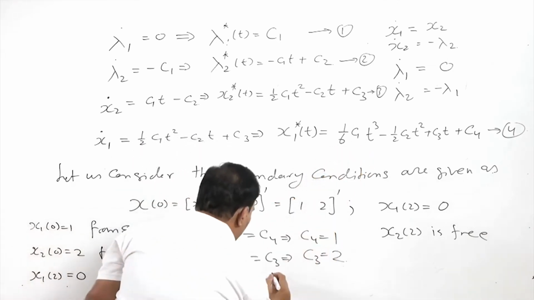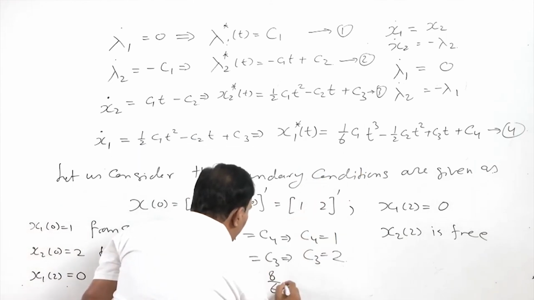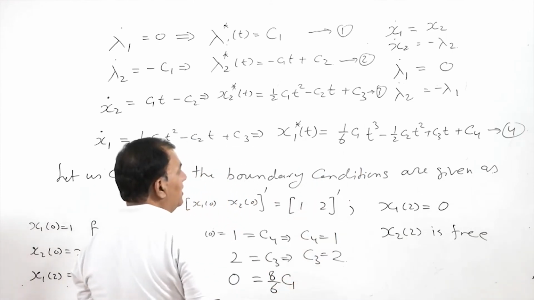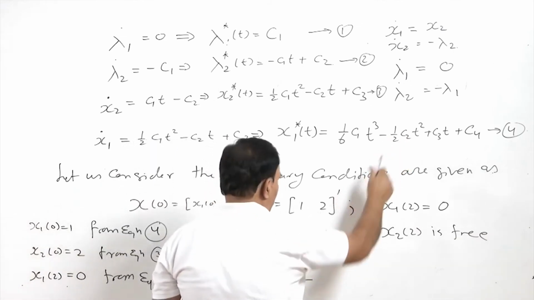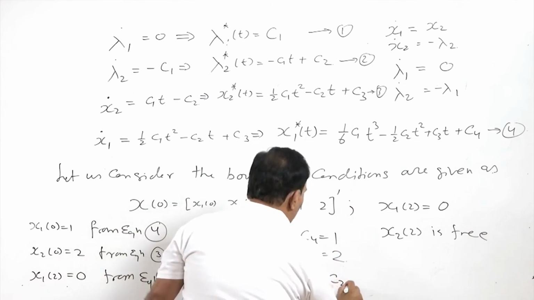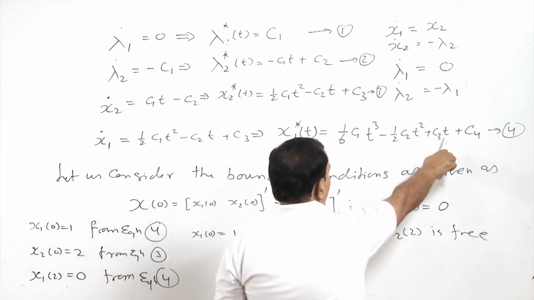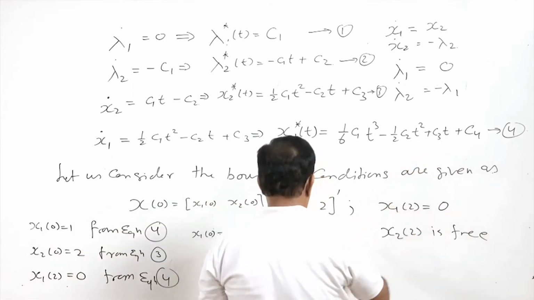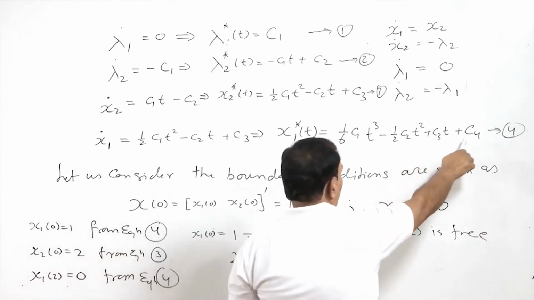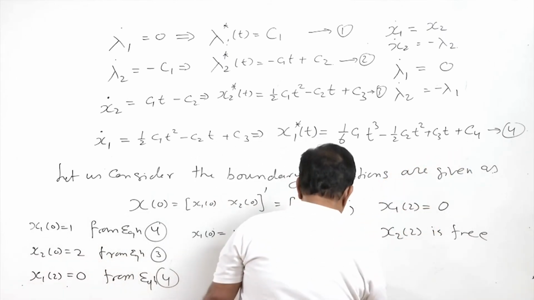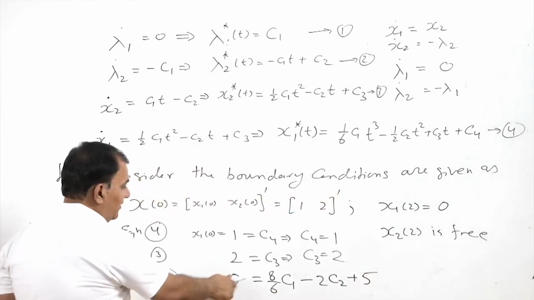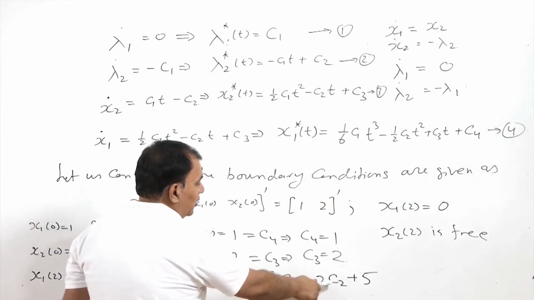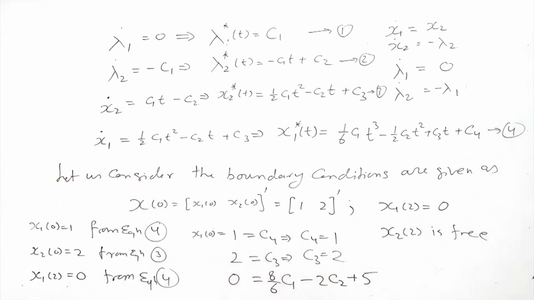So, this is nothing but 8 by 6 C1 minus 2 C2, with t equal to 2, 4 plus C4 is 1 plus 5, and C3 t is 2. So, I get the equation as 8 by 6 C1 minus 2 C2 plus 5.